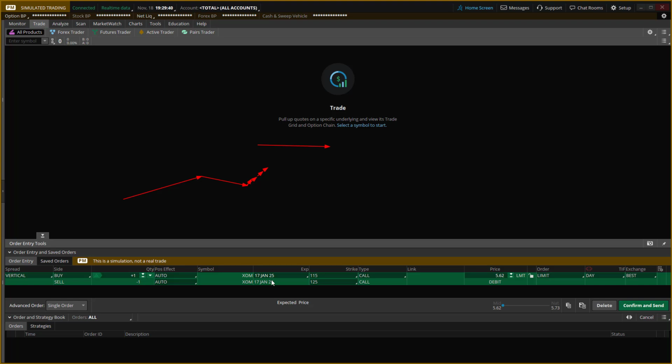Now, the reason people have trouble with this most of the time is that one of the reasons they trade the debit spread is because they can't afford the trade anyway. In this particular situation, it was $786 that it was going to cost us to get into that trade.